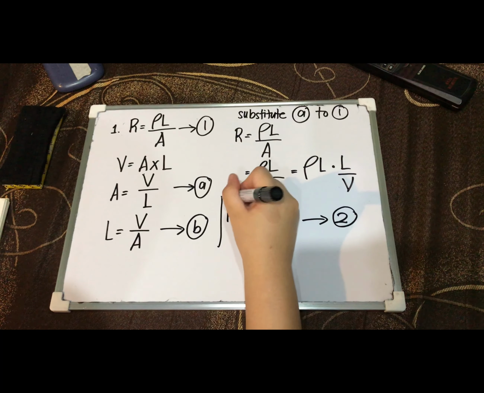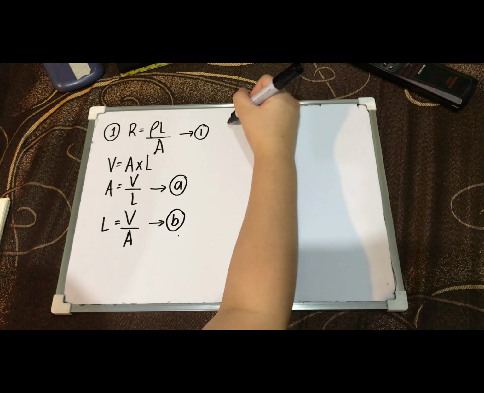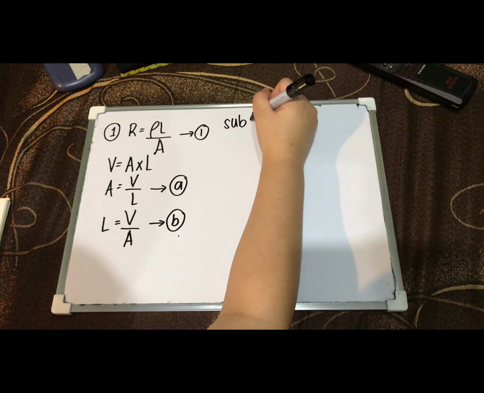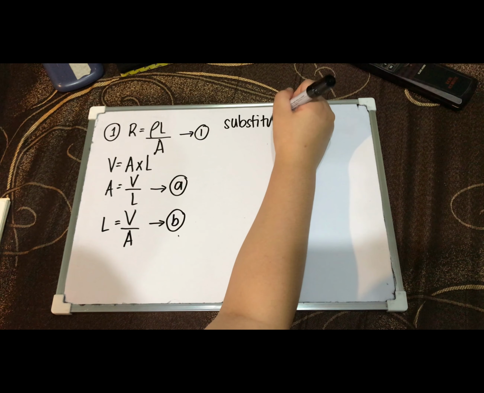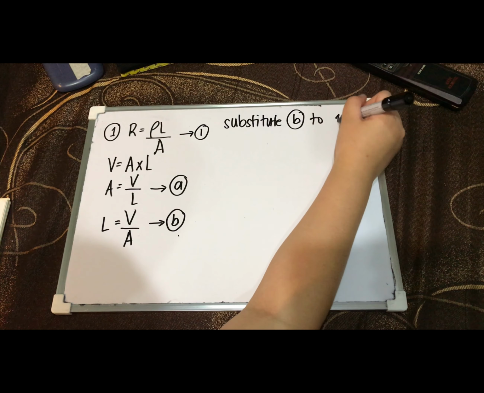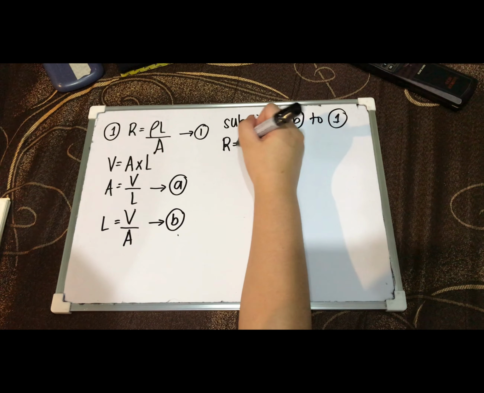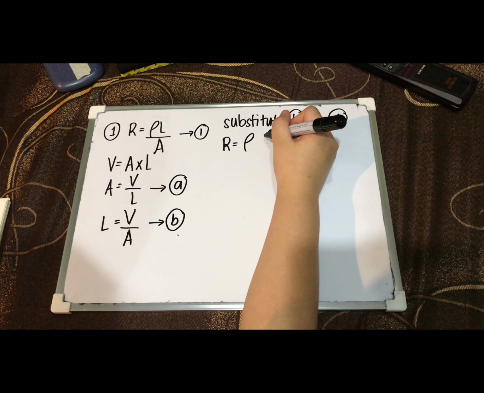So, gamitin naman natin ngayon itong L. I-substitute natin siya dito sa 1 para makuha natin yung third formula ng resistance. So, substitute L to 1. And then, R is equal to specific resistance.